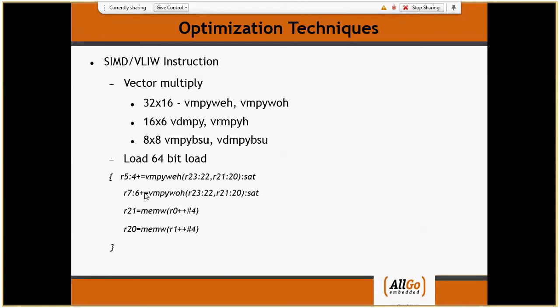And there's a mux feature also as part of this, where you can pick up the higher or lower register and try to multiply. Along with this, the instruction also supports some of the inherent left shift which some of the DSP algorithms require, and also has a round feature, which is optional.